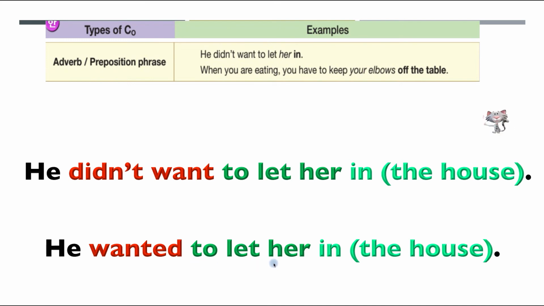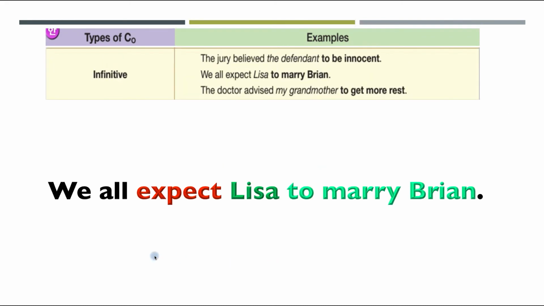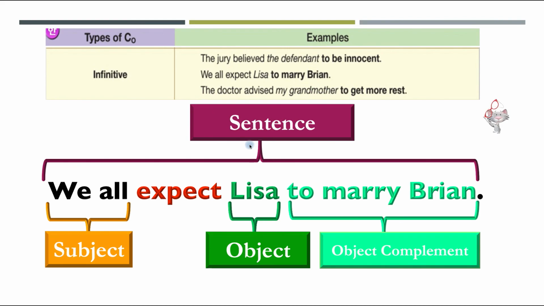The infinitive comes, like a to infinitive or bare infinitive, which we'll learn later. This is the infinitive, which has the to. It's called infinitive because you can see the to there. Expect likes to have a to infinitive. To marry. To means infinitive. And that is what we call the infinitive.